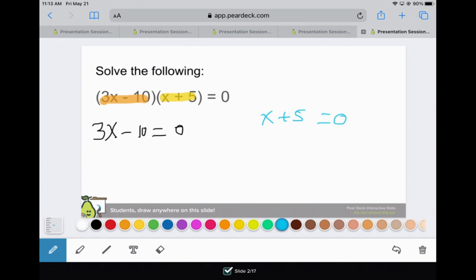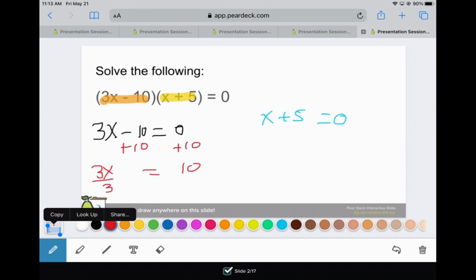So how do I solve it? Just set each parenthesis, each expression equal to 0, and then solve the equation. Plus 10, 3x equals 10, divide by 3.